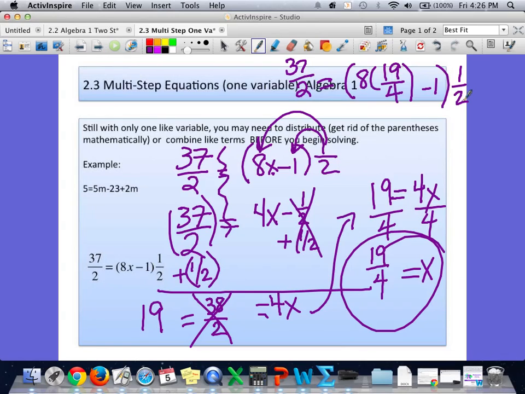That's going to be 38 minus 1, which is 37. Half of 37 is 37 halves, so this one does work. So please use your parentheses very carefully when you're doing these problems.